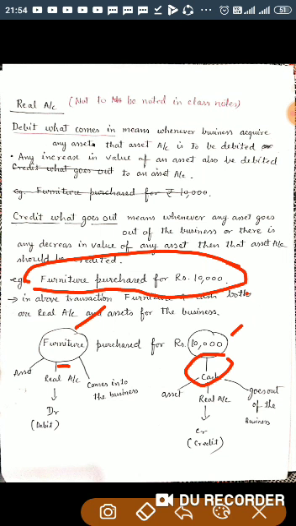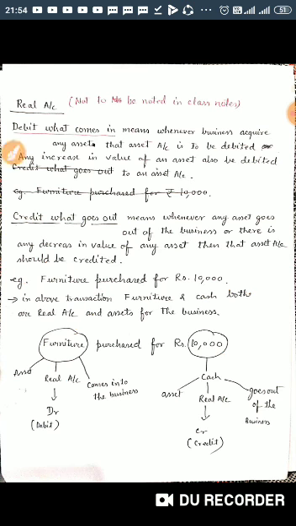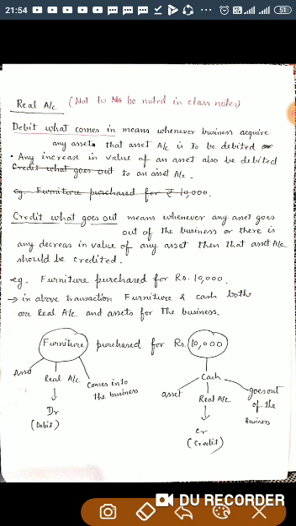Both are real accounts. The nature of furniture and the nature of cash is real account, so furniture is an asset as well as cash is also an asset.